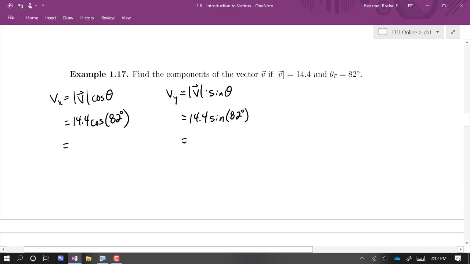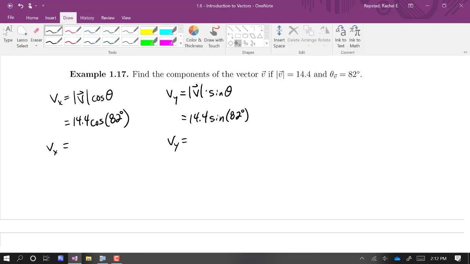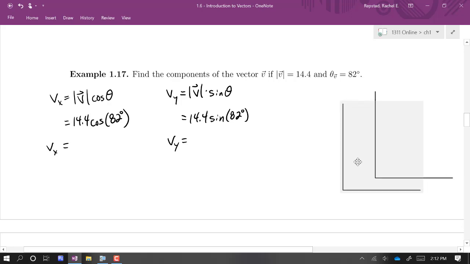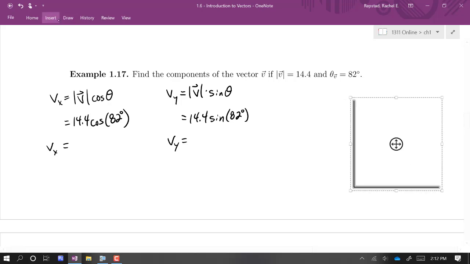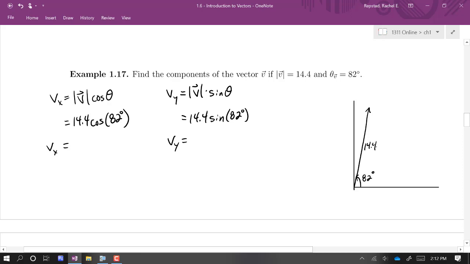Now, before I calculate these, I'm going to sketch what this vector looks like. It's not going to be anywhere near exact, but I'm going to get a rough idea of where this vector is. We know that we have all first quadrant vectors in this section. 82 degrees is pretty close to 90 degrees. So here's 82 degrees, and this is length 14.4.